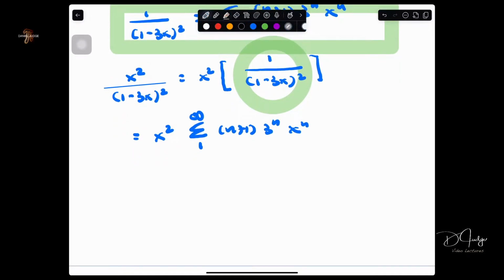Remember, this term that's on the outside of your summation by the distributive property now goes on the inside. So you now have x squared, n plus 1, 3 to the n, x to the n.